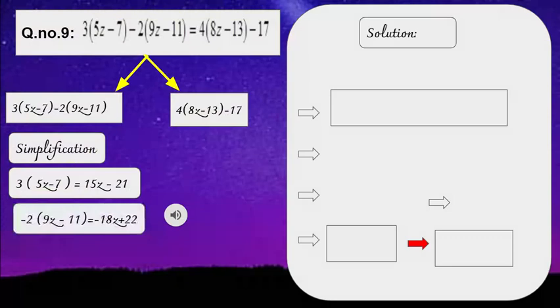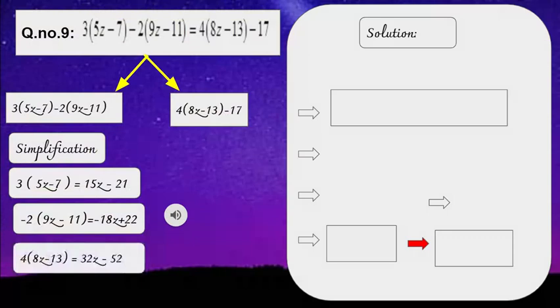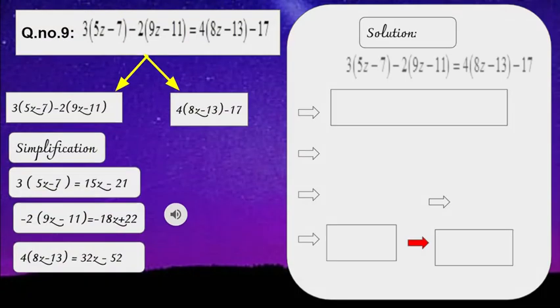Then right side, 4 into (8z minus 13). 4 into 8, 32. So 32z, plus into minus, minus 4 into 13, 52. So after simplification, we will get 15z minus 21 minus 18z plus 22 is equal to 32z minus 52 minus 17.